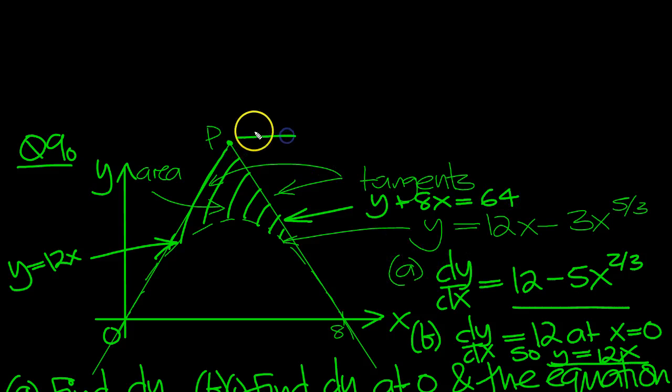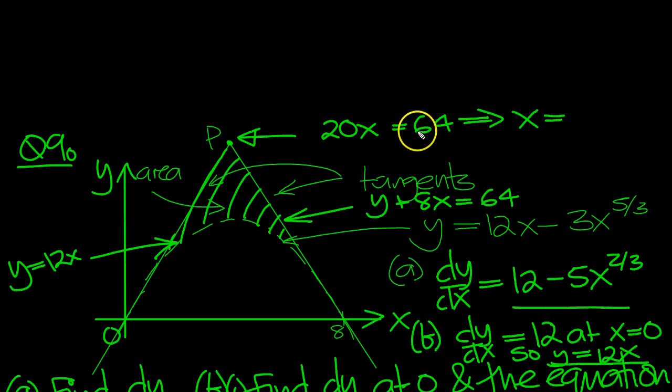So here at P then, just for reference, not part of the question, 12x and 8x is 20x, and that's equal to 64, because y is 12x here. So x will equal 64 over 20, 32 over 10, which is 3.2.